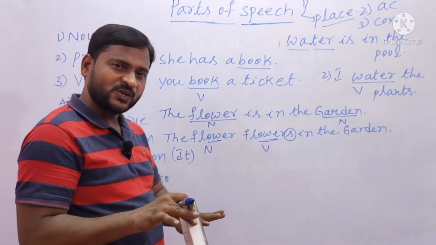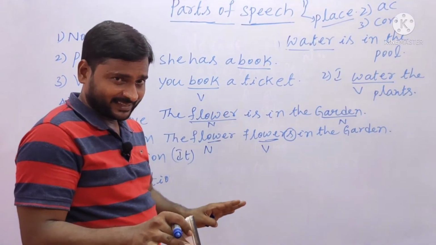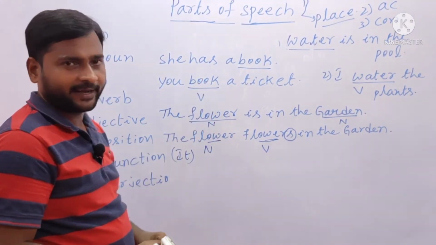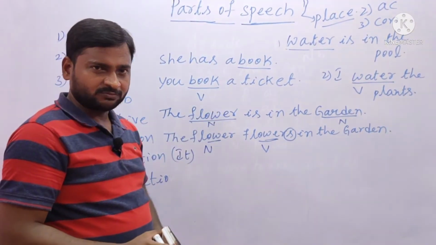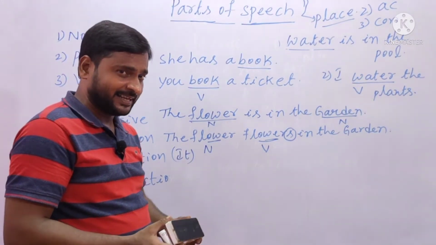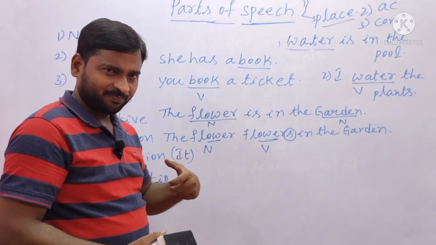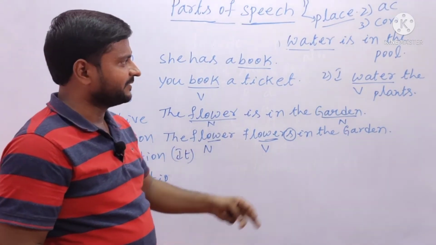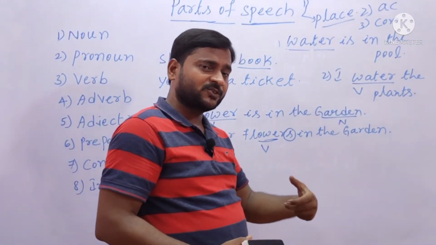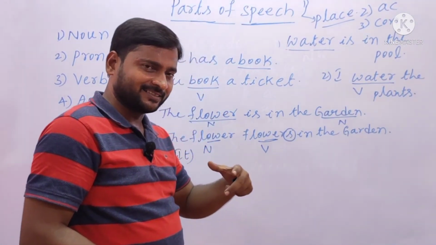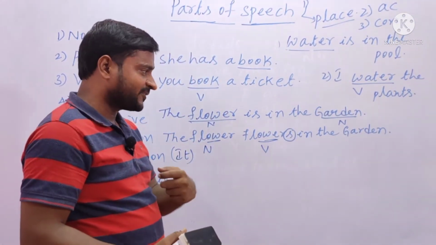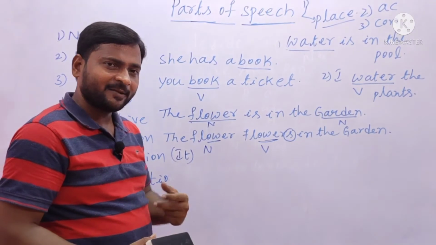The same case here also you can apply. Book as a noun has no V1, V2 and V3. But here book, booked, booked. Water as a verb: water, watered, watered. Water is a V1 form, watered is a V2 form, watered is a V3 form.